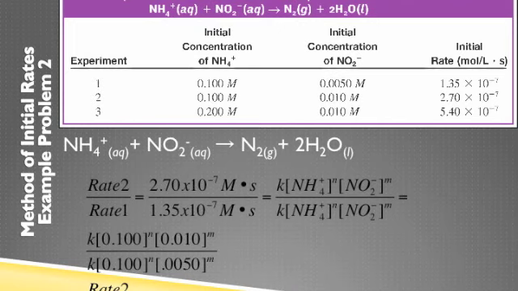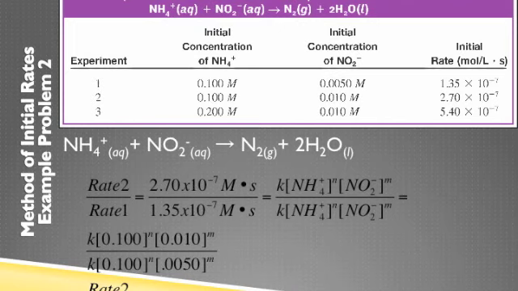So rate 2 over rate 1 will be equal to 2.7 times 10 to the negative 7th molar seconds over 1.35 times 10 to the negative 7th molar seconds. And these are both set equal to our rate law equation: K times the concentration of NH4+ to the N and NO2- to the M. So when we fill in our concentrations from the data table, notice that the K's cross out and the concentration for NH4+ also crosses out because they're the same.